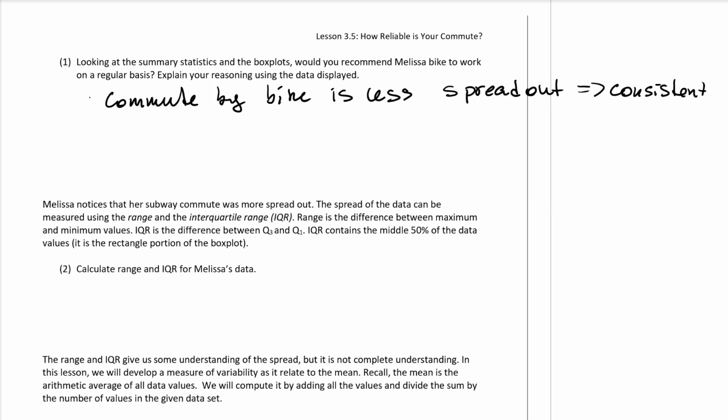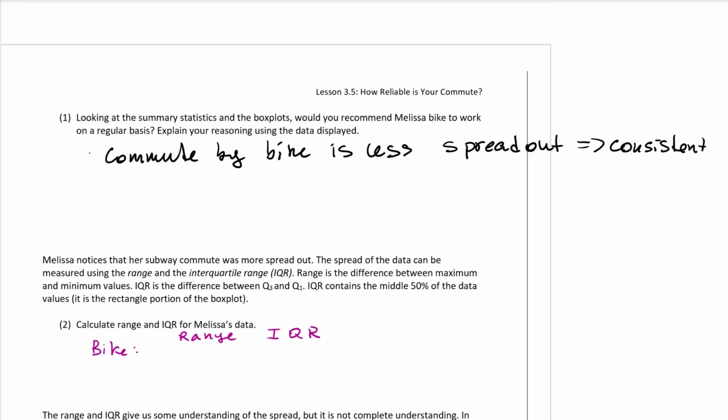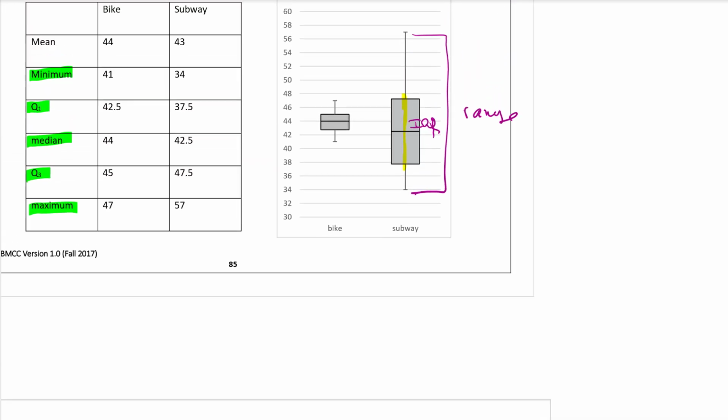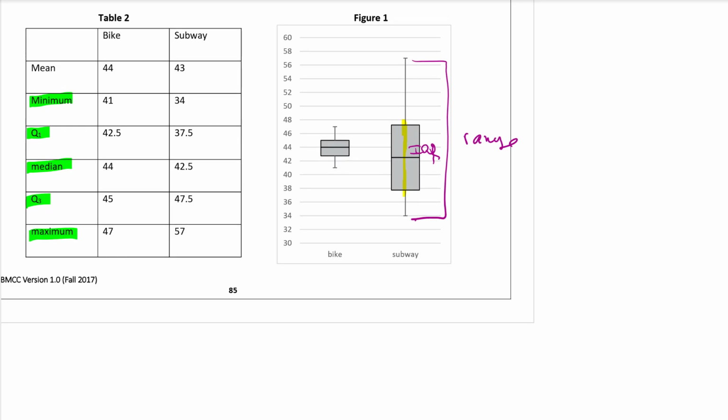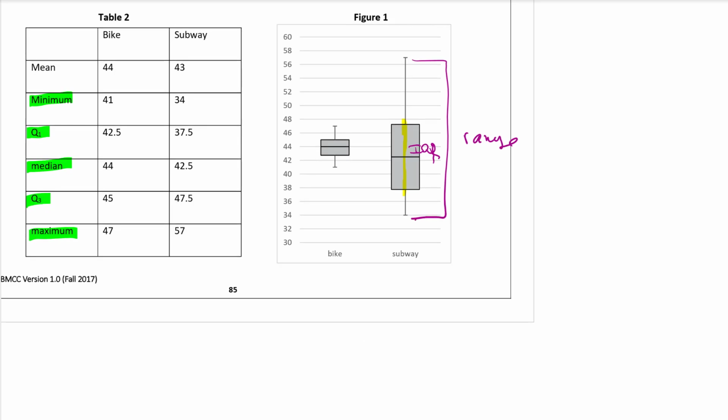All right, so for bike, let's go ahead and calculate the range and also IQR. The range is simply you take the highest value and you subtract the lowest. So here's the minimum, here's the maximum.